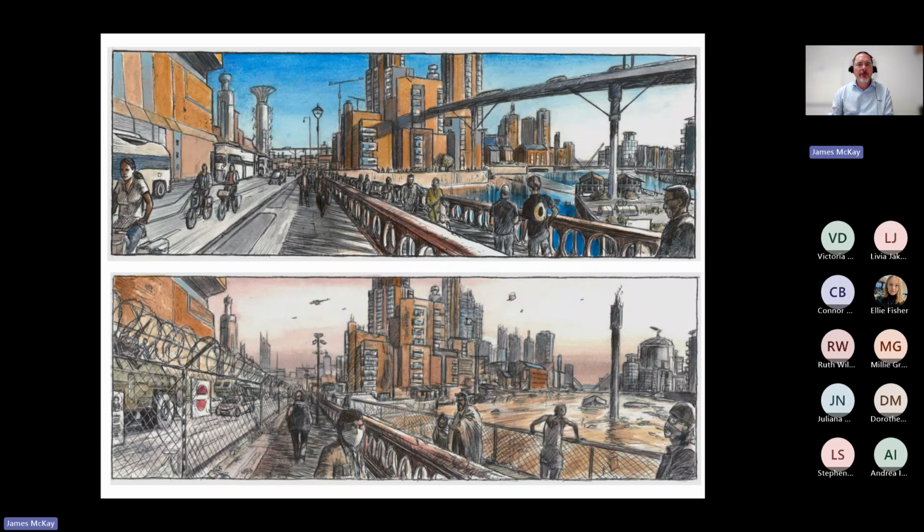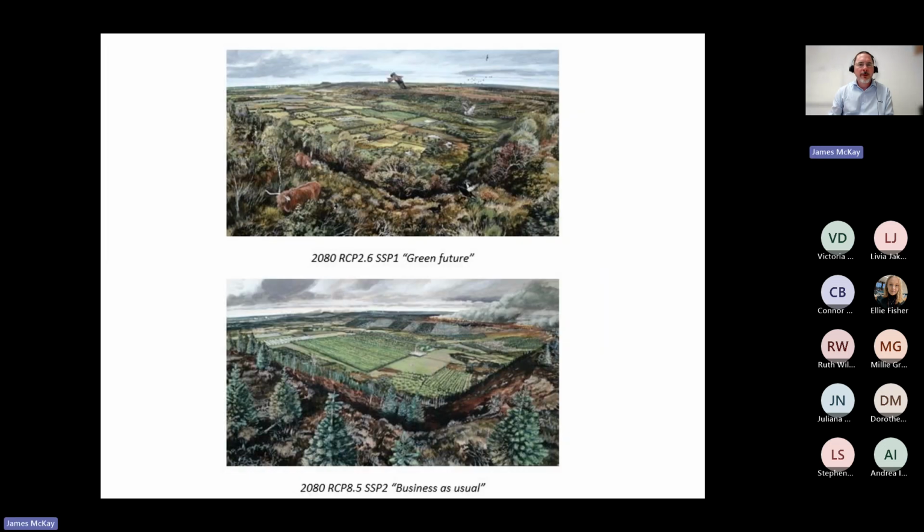One is the middle of the road one, and one is the Mad Max kind of regional rivalry version. So big changes in how the future might pan out. This one was about flooding and urban issues within Leeds, but it wasn't specifically about modelling particular geographical areas.